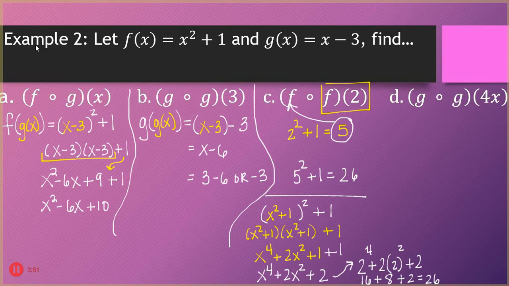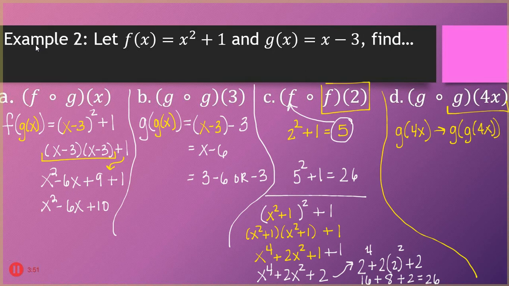So for this last one, in example D, I am going to find g of 4x, and then when I find that answer, I'm going to put that back into the g function. This is what this is asking us to do. So if I substitute in 4x here, let's start with finding g of 4x.